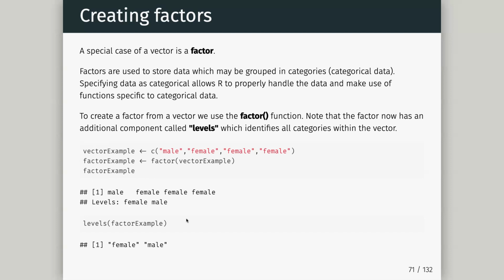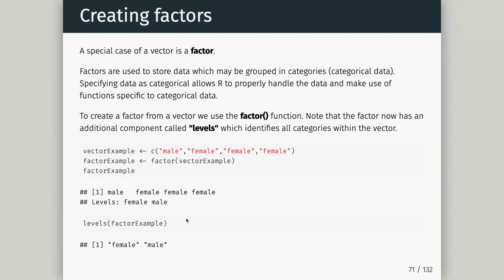So in here we only have 2 values, male or female. Let's just put levels female. Notice the order as well. So when you do a factor, you get the levels, and it's put in implicit order.